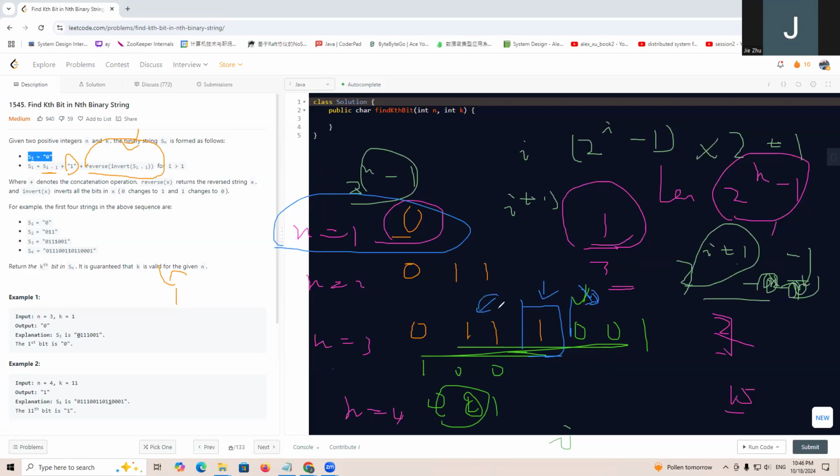If it is in the first part, we just find the bit in n minus 1, k, going back to the previous round. If it is in the middle, just return 1. But the hard part is the later part. How can we do that?